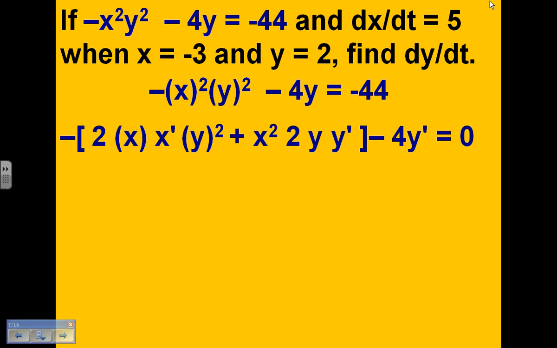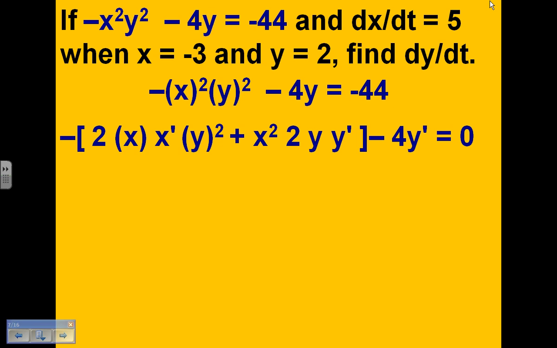So it's going to look odd. Yeah, looks good.